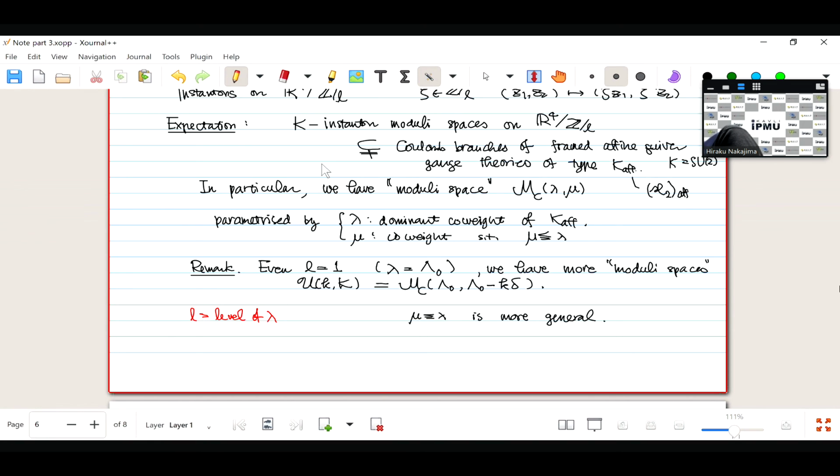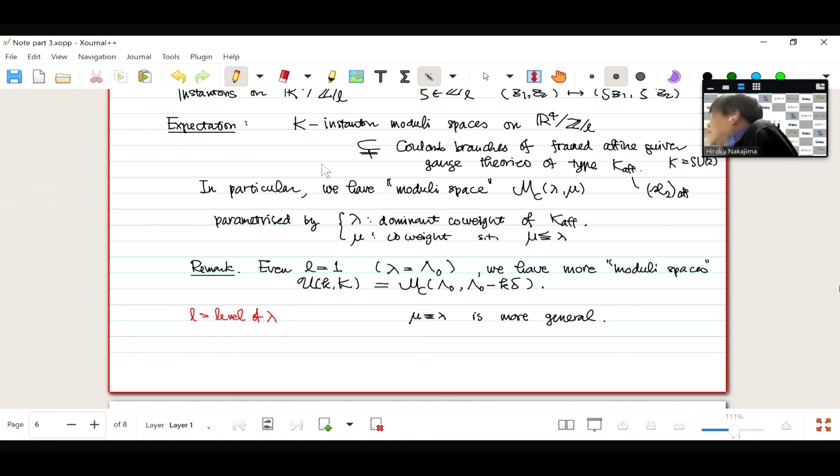But for the affine case, I'm not sure it's related to the usual W-algebra, or it's corresponding to a more general nilpotent element. I'm not sure it's known to be related to the usual W-algebra.